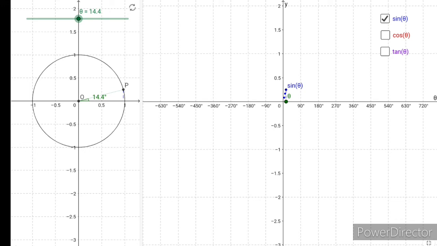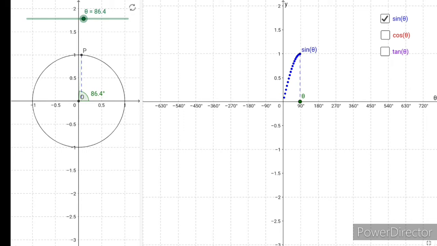Now if we increase theta, the y coordinate keeps on increasing. So sin theta also keeps on increasing. See, this y coordinate is nothing but this length. We have seen that sin theta is opposite side, which is the length of this dotted blue line, divided by hypotenuse. What is the hypotenuse? 1. So sin theta is nothing but the length of the dotted blue line. As I keep on increasing theta, the length of the blue line keeps on increasing.